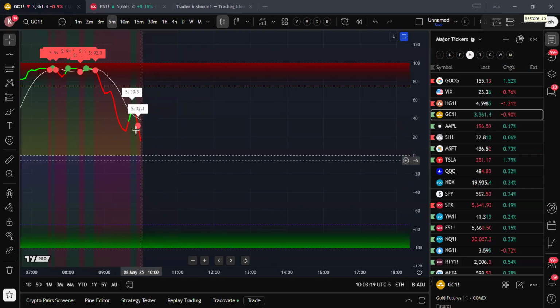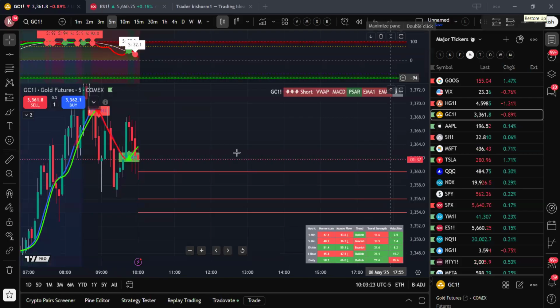So that's why we are holding the puts. That should make nice profits in some time. Same thing, ES also dropping big.